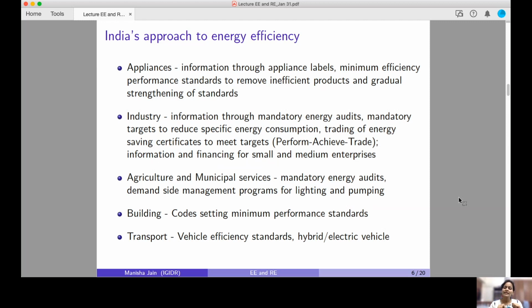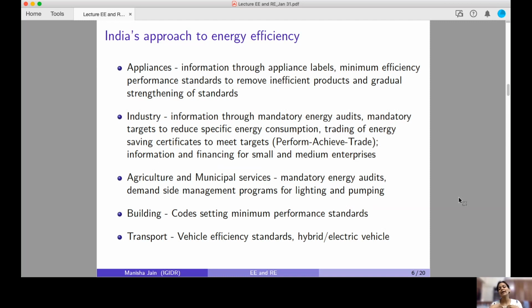Okay, and in industry, there is a very interesting scheme in India which is known as the Perform, Achieve and Trade scheme. In this also, the industries which are energy intensive, they use a lot of energy, they are asked to reduce their specific energy consumption. So not energy consumption, because if they increase their production, then the energy consumption is going to increase. But energy used per unit of output is the specific energy consumption, and they're given a target to reduce that. Here also, there is a scheme of certificates trading.